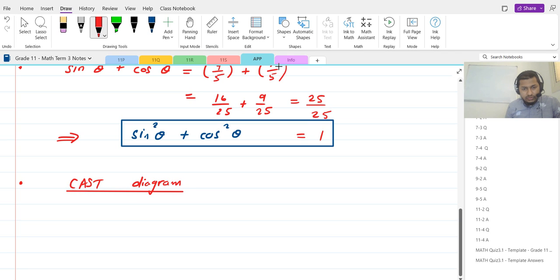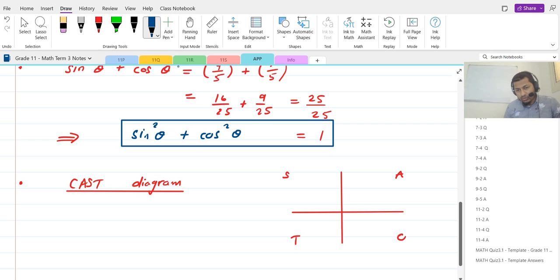I'm sure you've seen things like this, remember when we say we're in the first quadrant, we're in the theta angle. So the cast diagram, what we say is if we are in the first quadrant, then we are either theta or 360 degrees plus theta, and if you are using the horizontal line, this is the 0 degree line or 360 line.